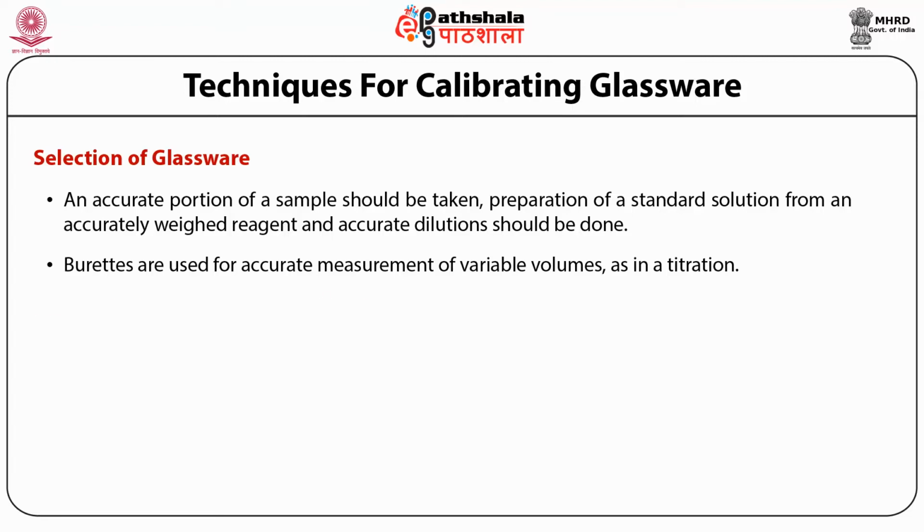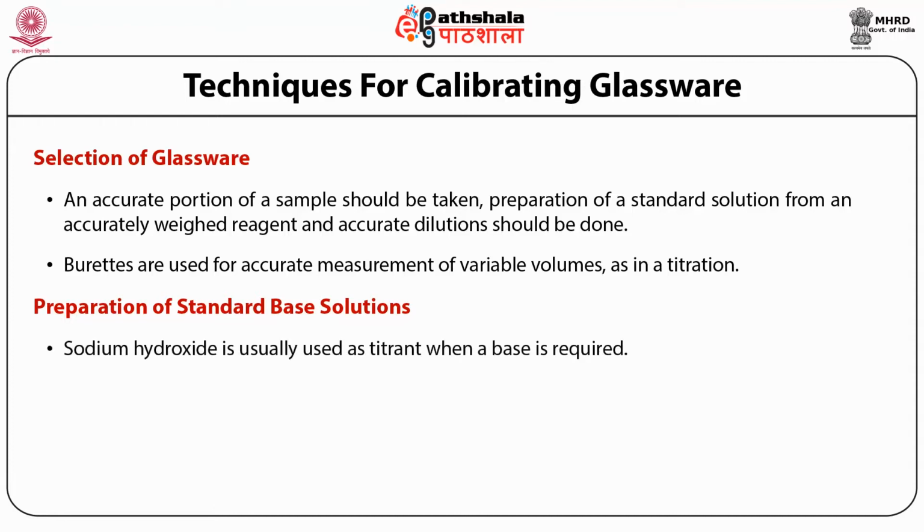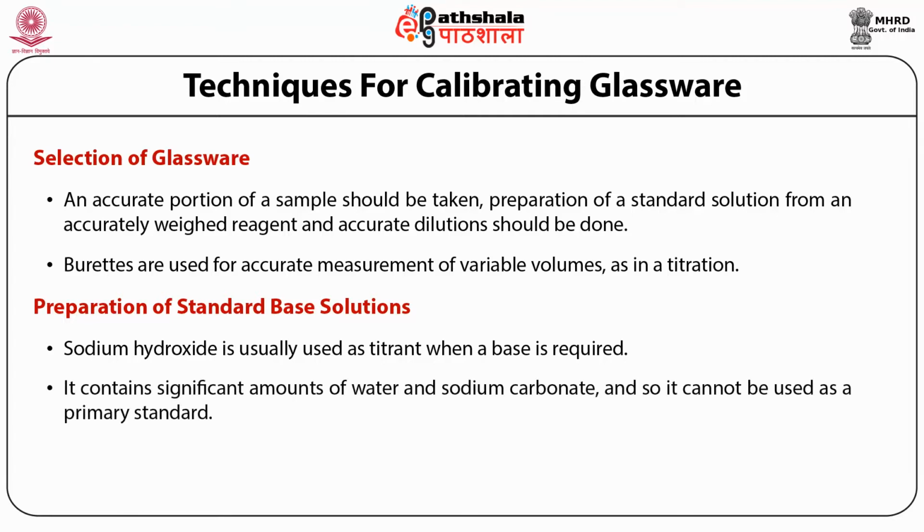The next is the preparation of a standard base solution. Sodium hydroxide is usually used as titrant when a base is required. It contains a significant amount of water and sodium carbonate, and so it cannot be used as a primary standard.